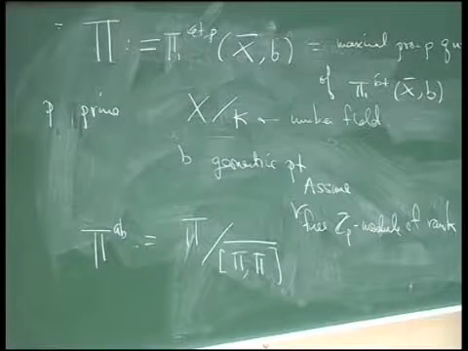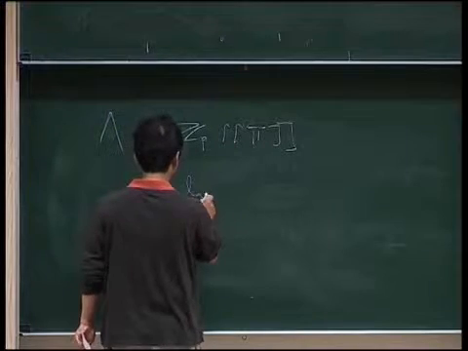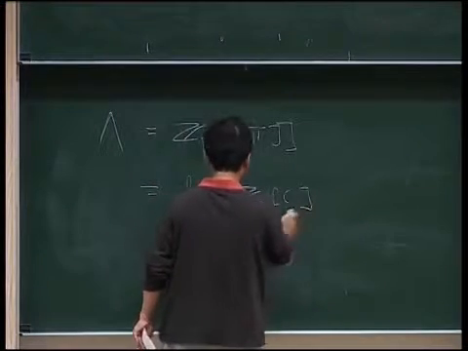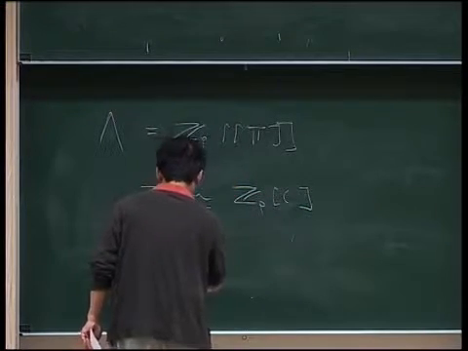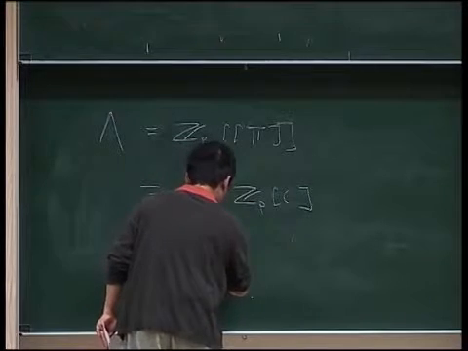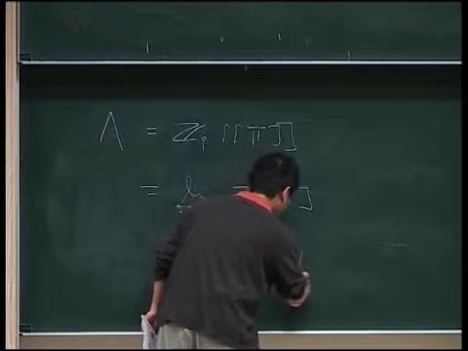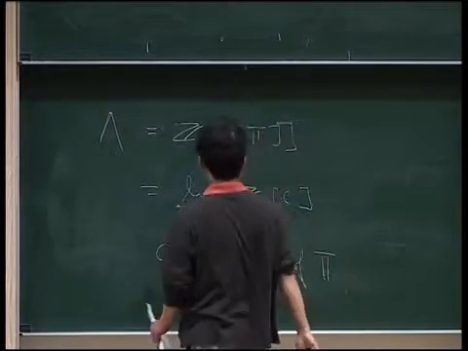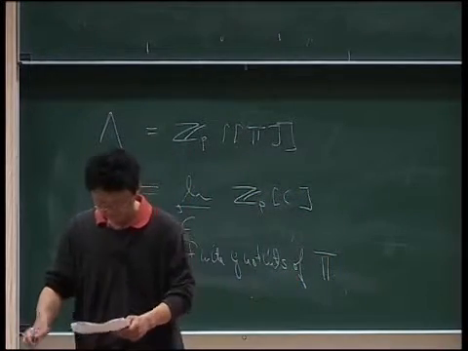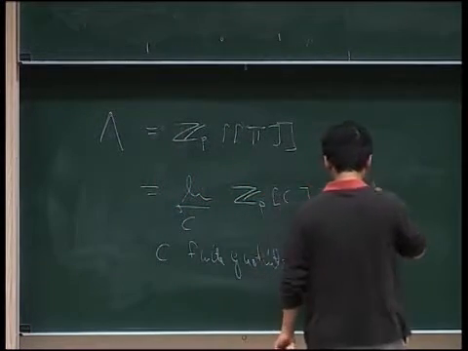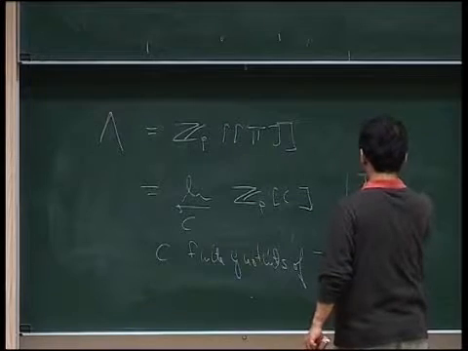So this, as before, by definition, is the inverse limit of the group algebra Z_p of C, where C runs through finite quotients, with the inverse limit topology, as before, as in Peter's discussion.